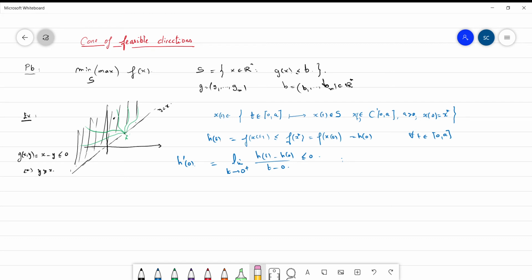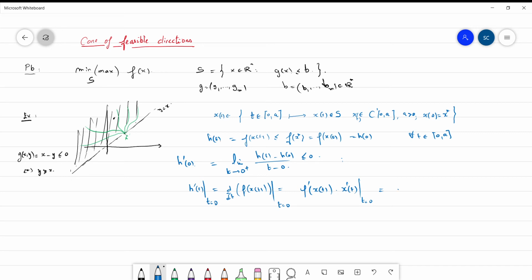Now let us express what h prime is. H prime of t is the derivative with respect to t of the composite function. The general formula says it's f prime at x(t) times x prime of t. Now at t equals 0, we will have then those quantities.